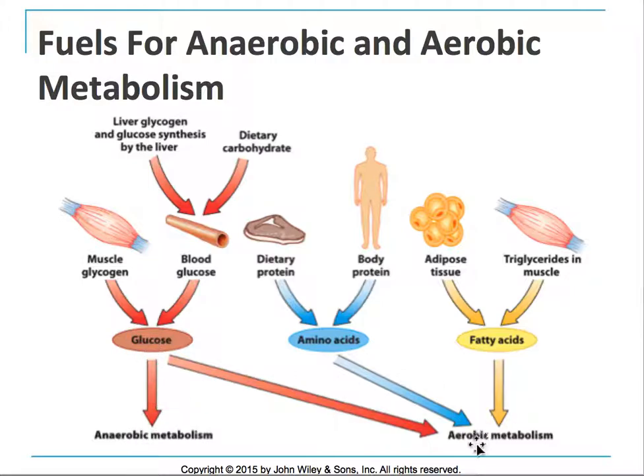During aerobic metabolism, we have glucose, amino acids, and fatty acids all being used for fuel, and this shows you where those fatty acids, amino acids, and glucose come from in the body. So it's important to know the difference between anaerobic and aerobic metabolism, where they get their fuel from, and where that fuel originates in the body.